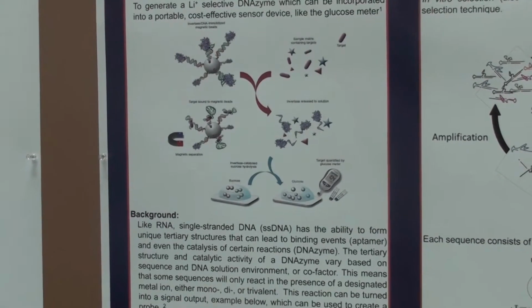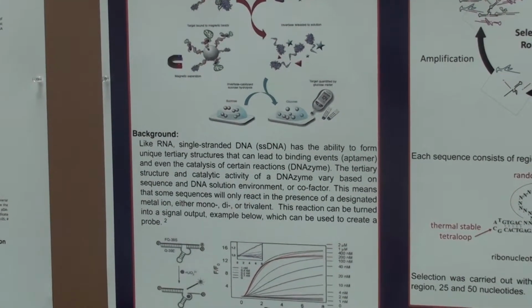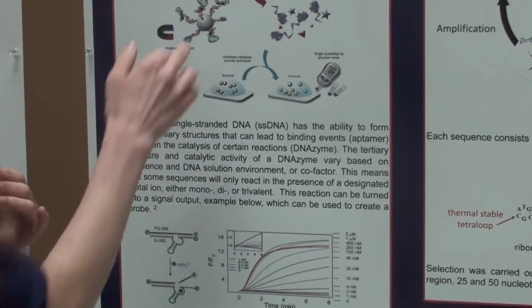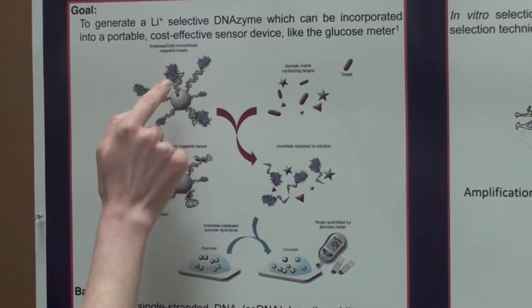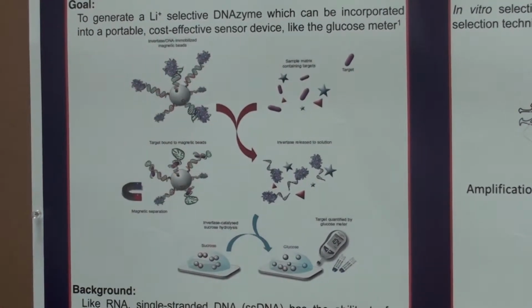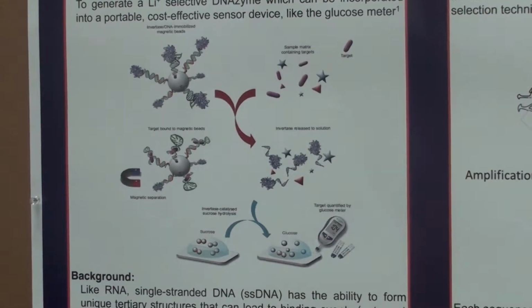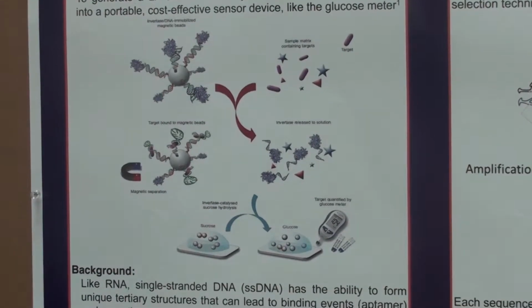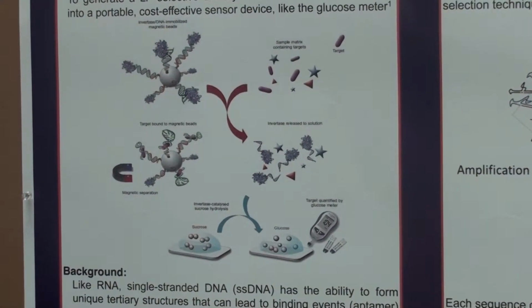In order to turn something like a glucose meter into something that can sense lithium, we're going to use a magnetic bead. We start off with a magnetic bead that is attached to DNA, which will react specifically with a target. This DNA can be either an aptamer or a DNAzyme, which is a catalytic strand of DNA. Lastly, that DNA strand is attached to a protein called invertase.